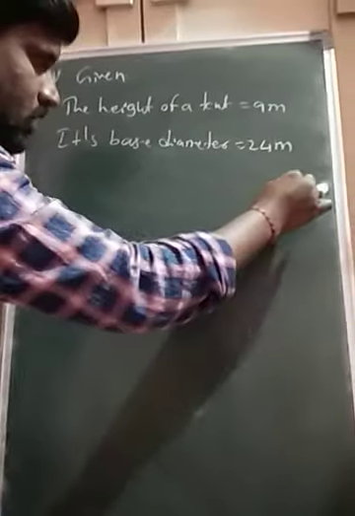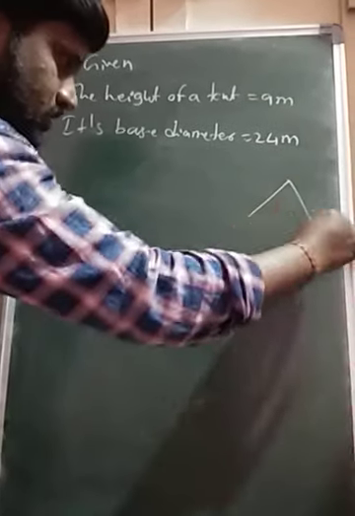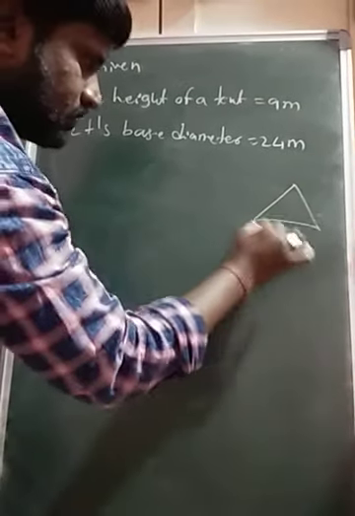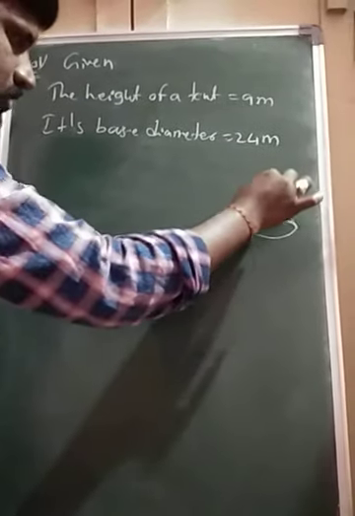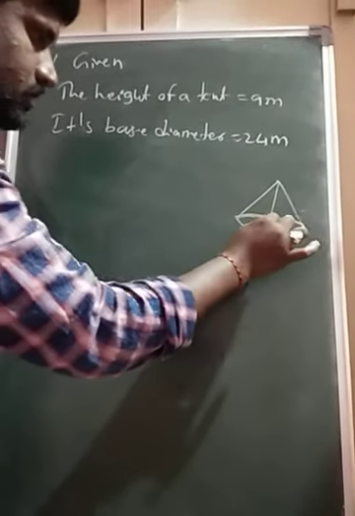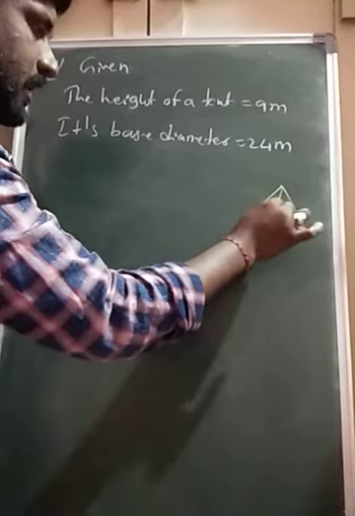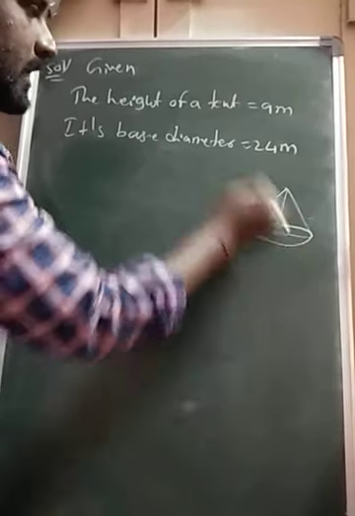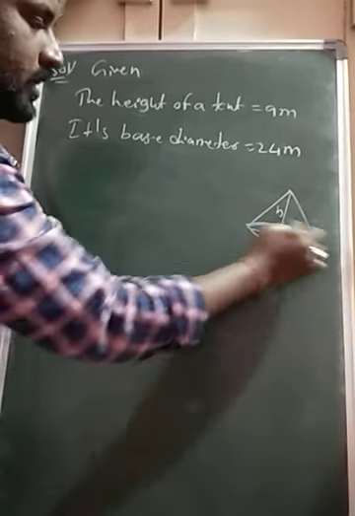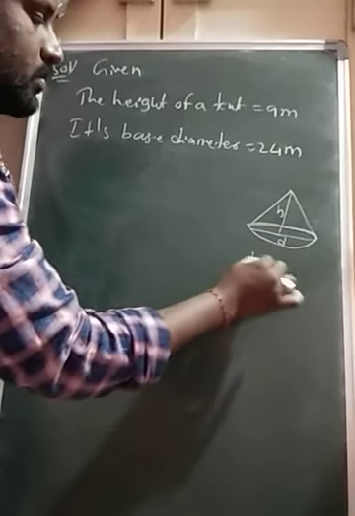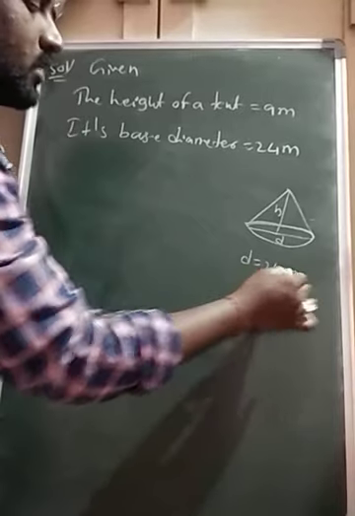Clearly here, the height h is given as 9 meters and the base diameter is given, diameter is equal to 24 meters.